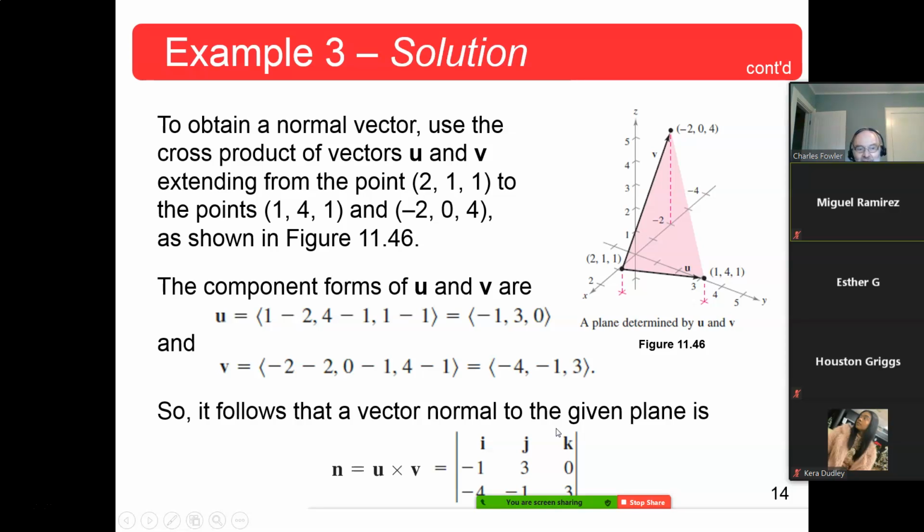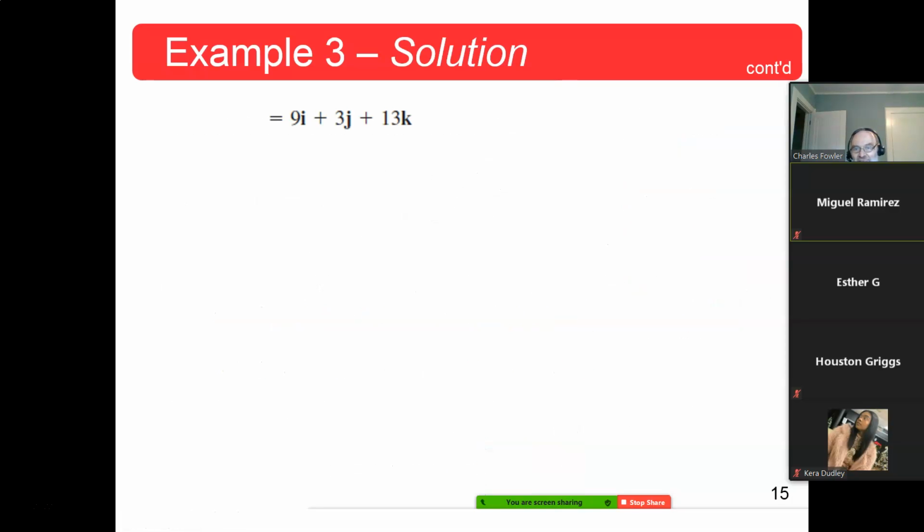Okay, now they don't show the nitty-gritty of it, they just come out with the answer, 9i plus 3j plus 13k. Perfectly fine. That's your A, B, and C, your direction numbers for the normal vector to the plane formed by those 3 points.